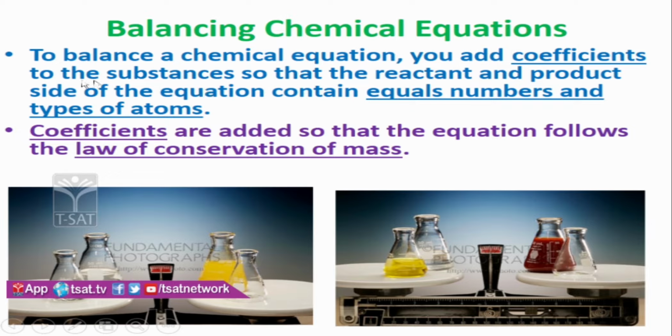To balance a chemical equation you add coefficients to the substances so that the reactant and product sides of the equation contain equal numbers and types of atoms. Coefficients are added so that the equation follows the law of conservation of mass. See, this is the law of conservation of mass. On either side, the masses should be balanced.